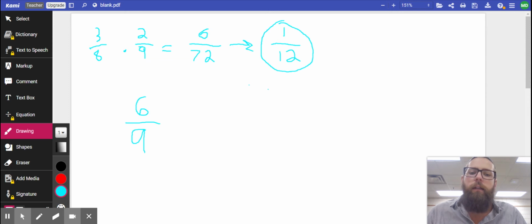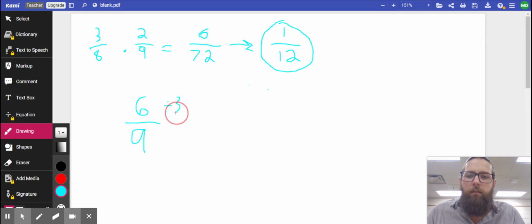So I look at 6 and I look at 9, and I need to find a number that I can divide them both by to create an even or a regular number without a decimal. And I can divide a 6 by a 2 and a 3, and I can divide a 9 only by a 3. So the fact that I can actually divide both of these by 3 means that I'm going to do that.